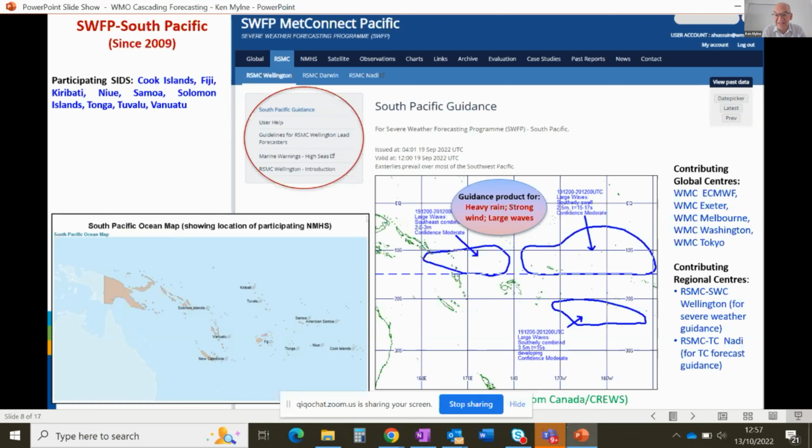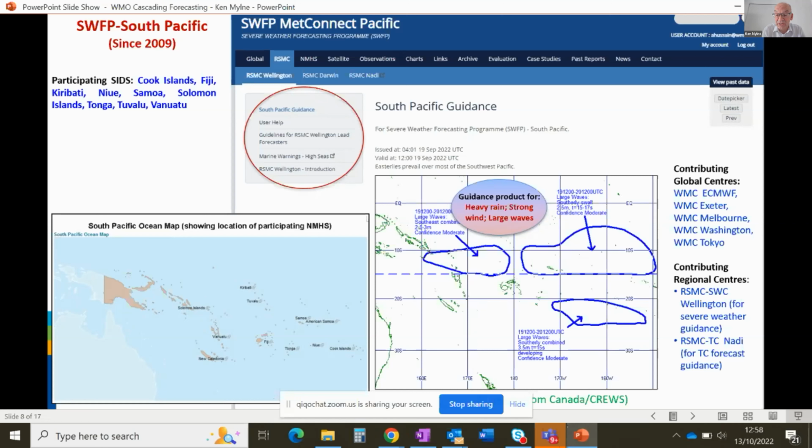And they present their guidance in a slightly different way. What they've done here, in this particular chart anyway, is highlighted areas of the ocean which are prone in this particular situation to large waves, and it gives estimates of the wave heights, and it also gives an estimate of confidence in that forecast.